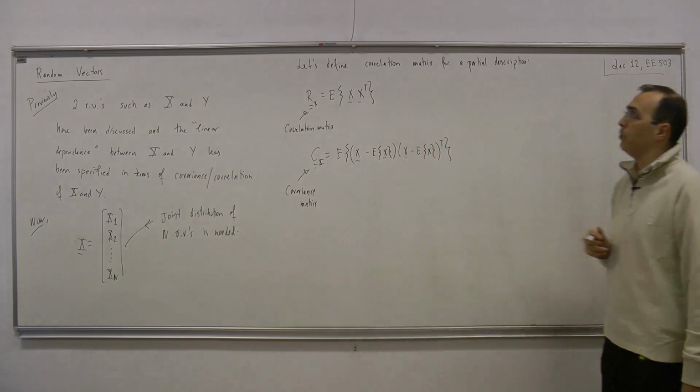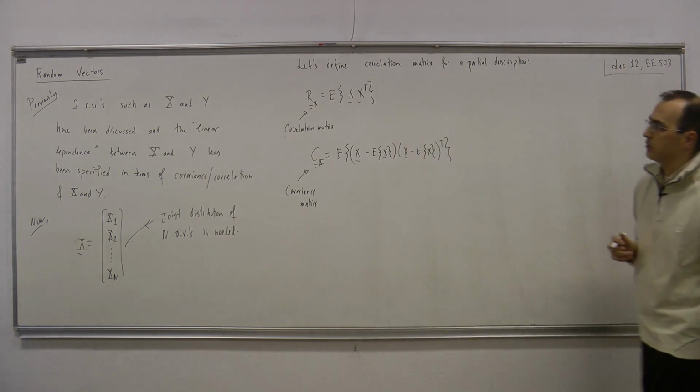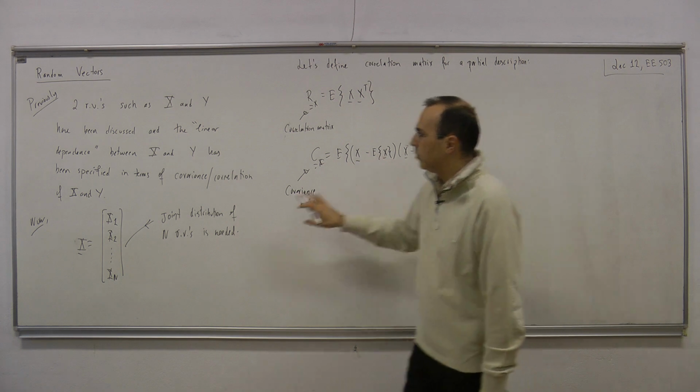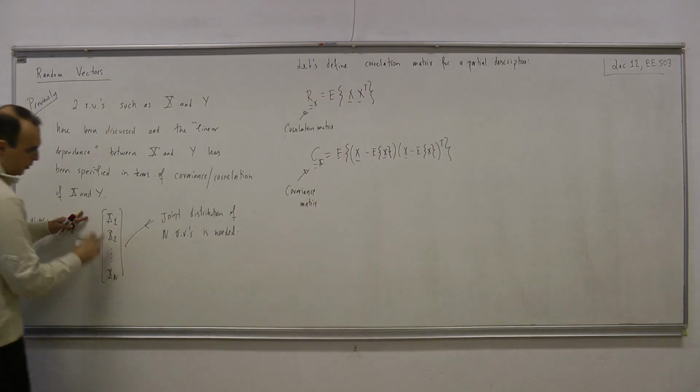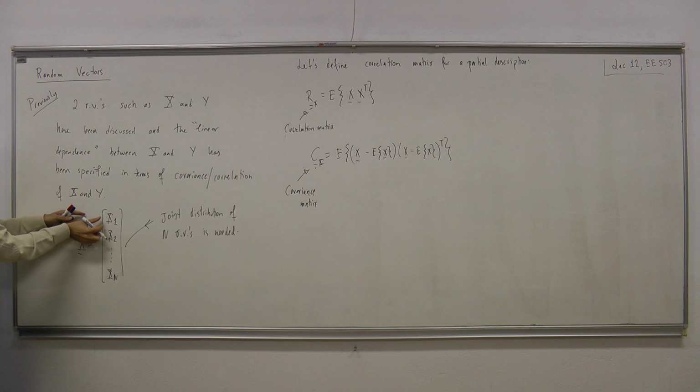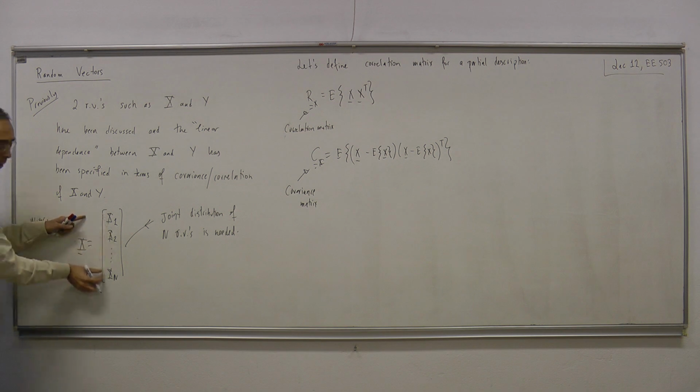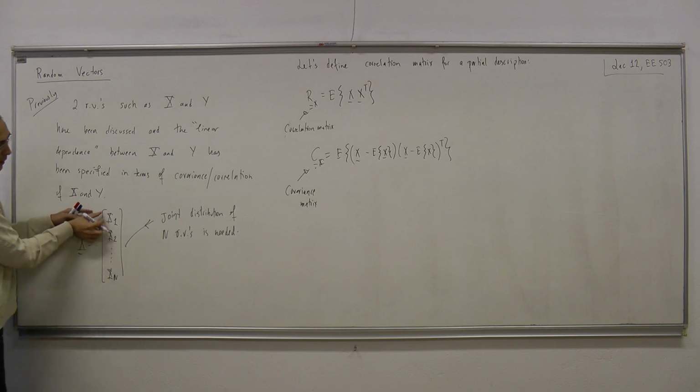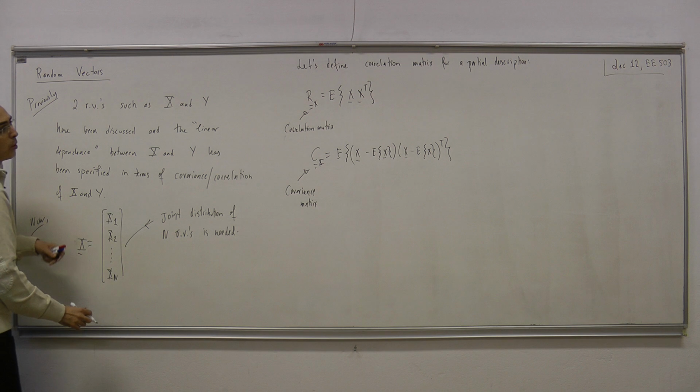Again, if you have zero mean vectors, they are the same. So what's the mean of a vector? The mean of a vector is another vector where this expectation is evaluated at every entry. This is called the mean of this random vector x, where you evaluate the expected value of x1, expected value of x2, and concatenate them.